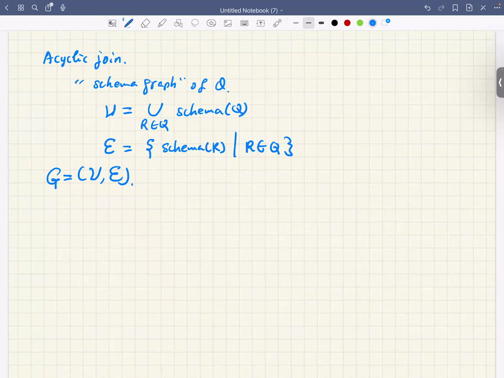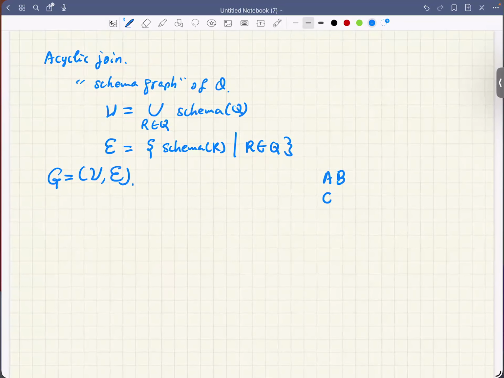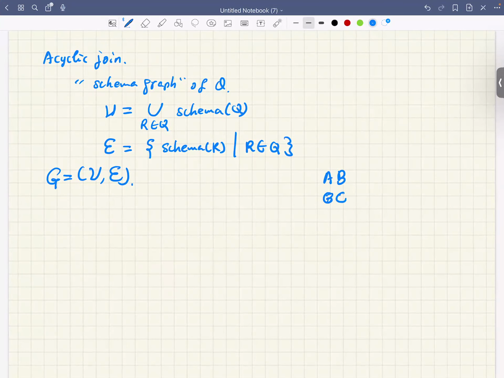For example, if the first relation is AB and the second relation is BC, then you are looking at essentially a conventional graph. This is AB, this is BC. So this is the hypergraph we're talking about. If your join has relations with these schemas, this graph is referred to as the schema graph of the join.